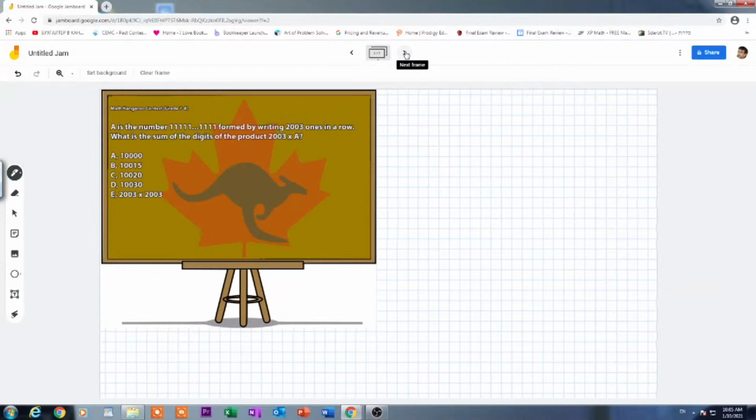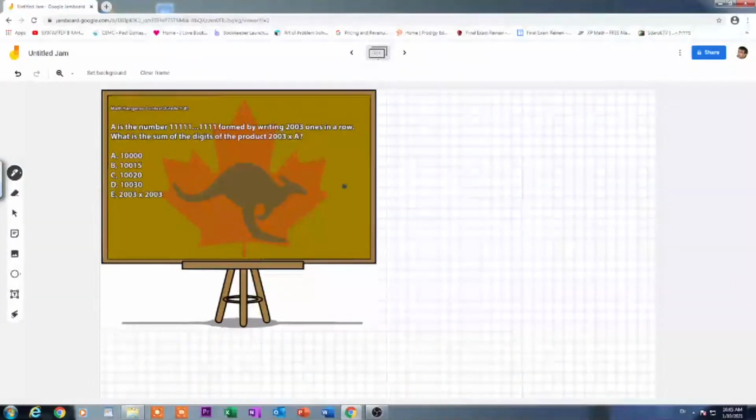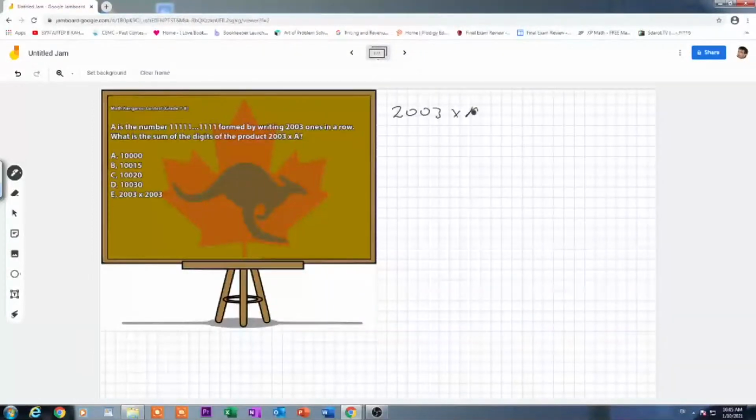A is the number formed by writing 2003 once in a row. What is the sum of the digits of the product of 2003 times this number formed by ones, multiplied by 2003?